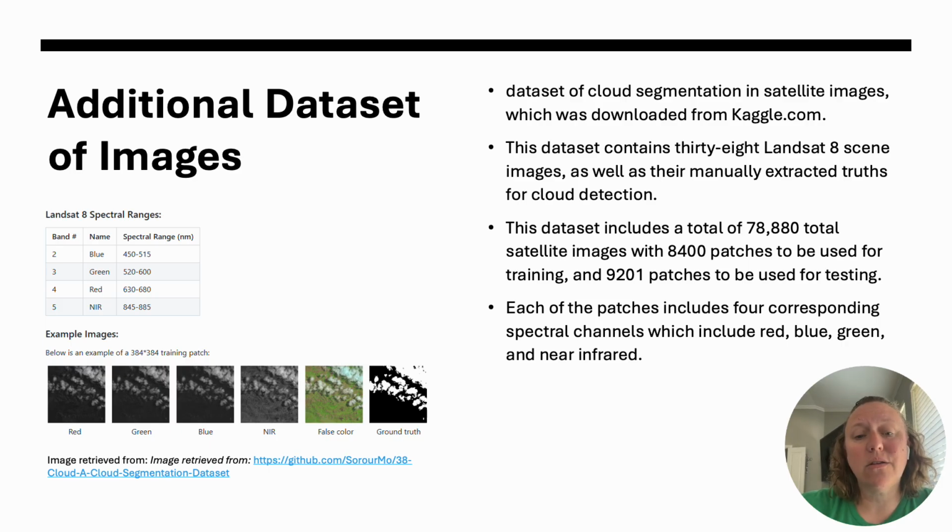Each of the patches includes 4 corresponding spectral channels, which include red, blue, green, and near-infrared colors. Once we review the additional datasets and models, we'll come back to this dataset later in the presentation.